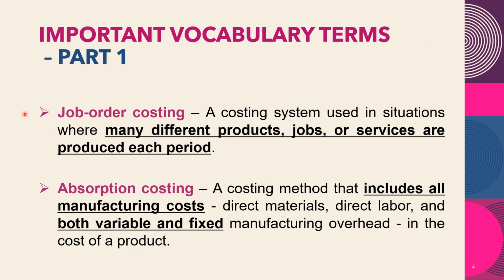Job order costing is a costing system used in situations where many different product jobs or services are produced each period. Absorption costing is a costing method that includes all manufacturing costs, direct materials, direct labor, and both variable and fixed manufacturing overhead in the cost of a product.